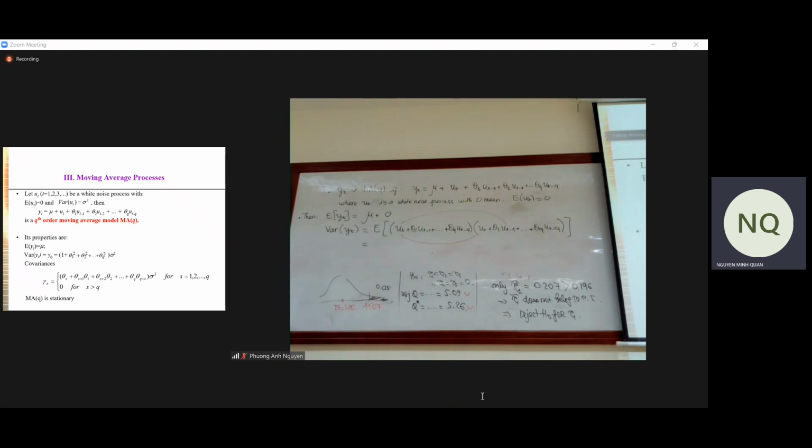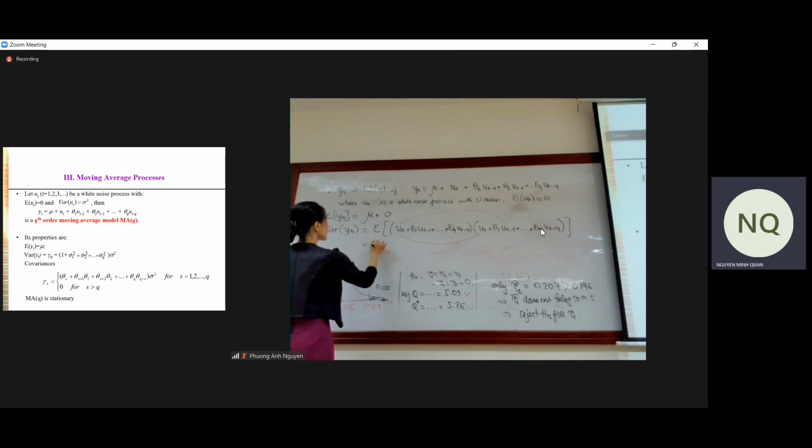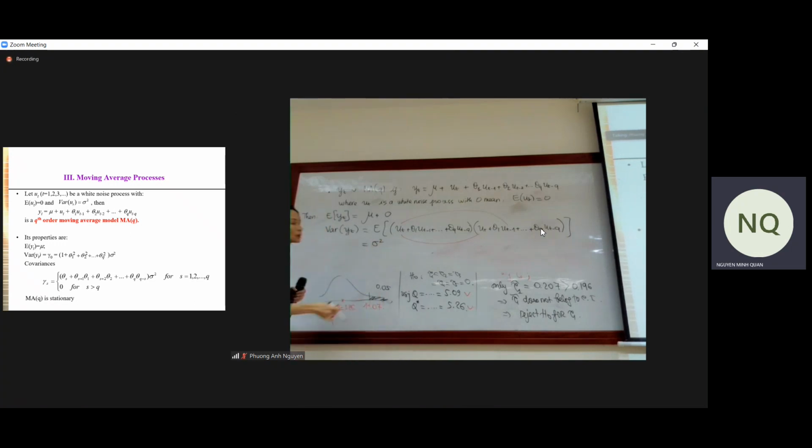Because all the autocovariances are equal to 0, what is left is only the variance terms, sigma squared. So it's equal to sigma squared times: one for the first term.